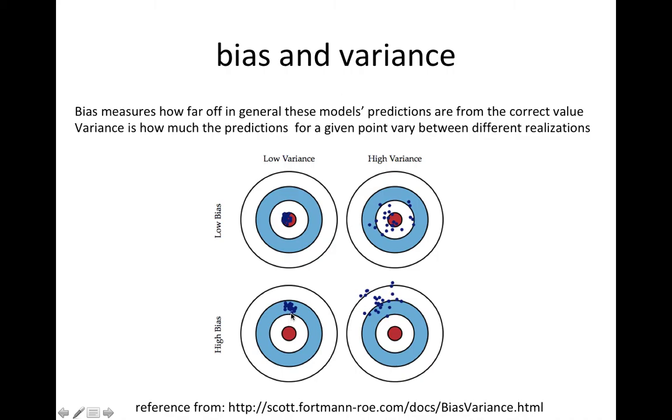And when the model is overfitted, that means high variance. This model works well on the trained, seen data. You can see some predictions are on this red dot, but for the unseen data, the prediction is totally wrong. So our goal in training our model is going to be like this: low bias and low variance.